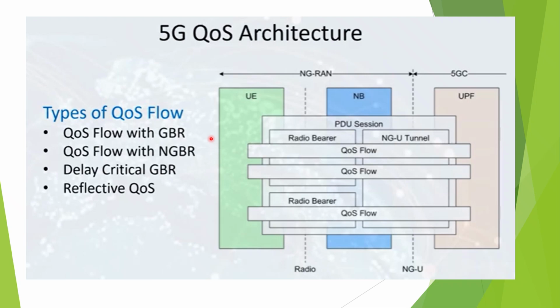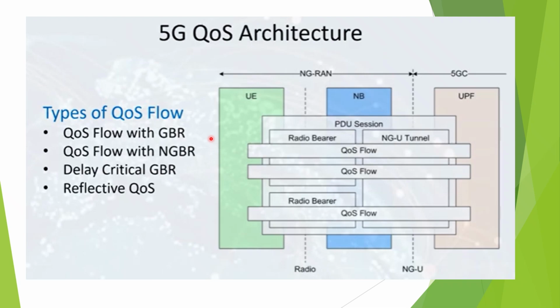The 5QI service for real-time gaming, the 5QI identifier value is 4. Guaranteed bitrate resource type, it gives high priority, and the packet delay budget is less than 300 milliseconds. In the same way, mission critical services, 5QI identifier 65, guaranteed bitrate, gives very high priority with a packet delay budget of 75 milliseconds.